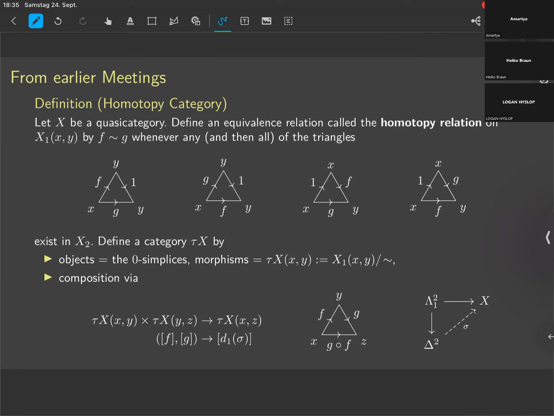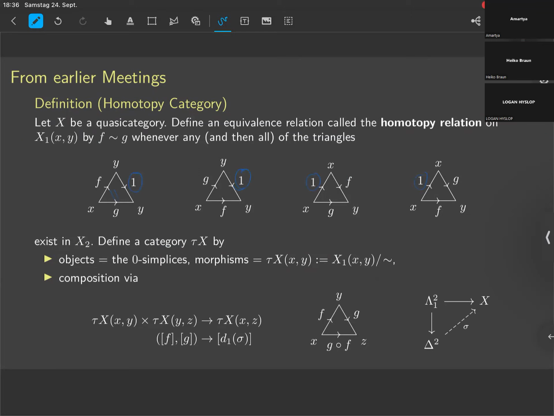What we do there is we interpret the edges as morphisms. Two edges, f and g, are identified when such a situation happens, where degenerate identity edges make up a triangle with f and g; then f and g shall be identified.